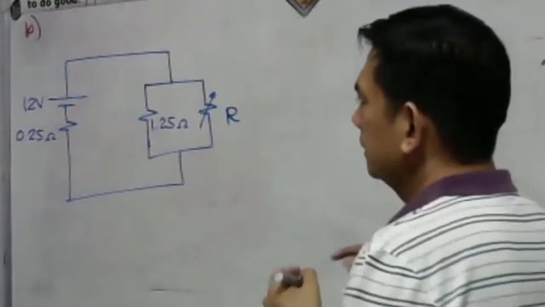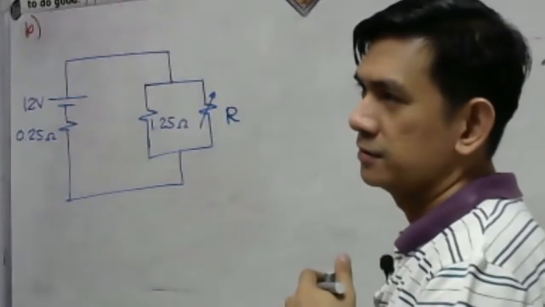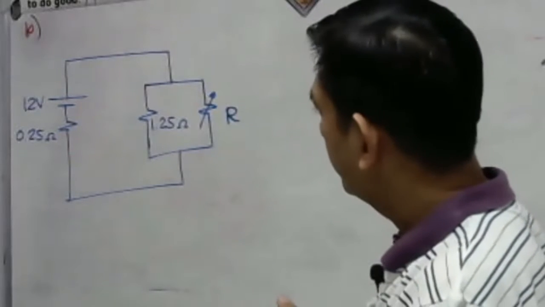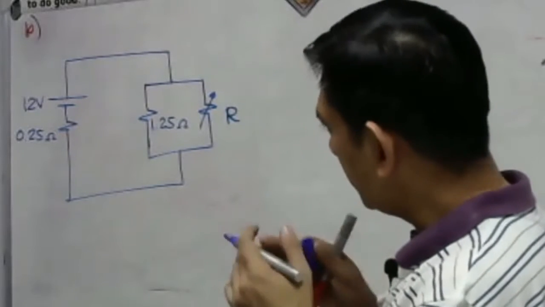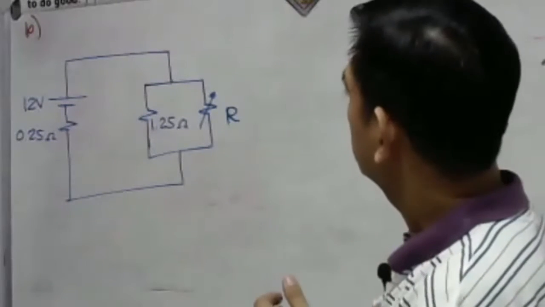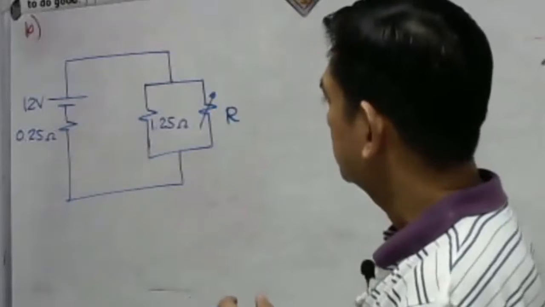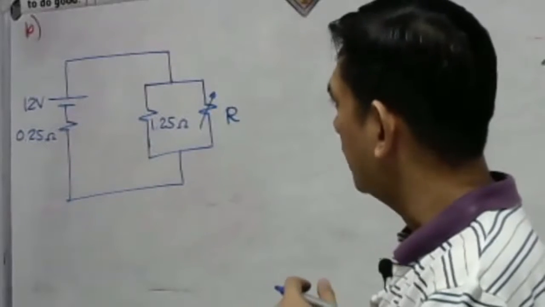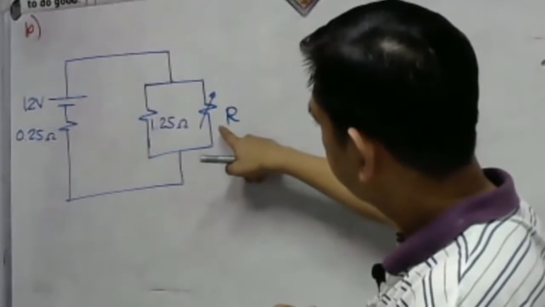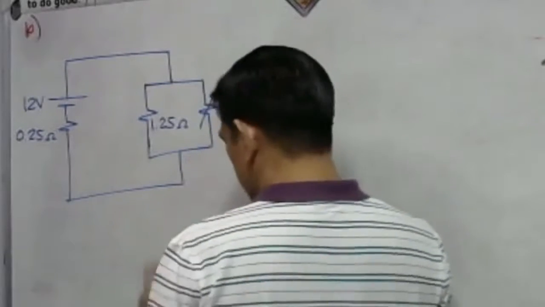Okay? Just the same procedure. Like what we did before. We are to get our resistance. Let us get first our resistance here. That is our RTH.